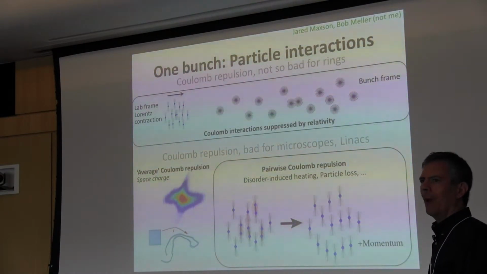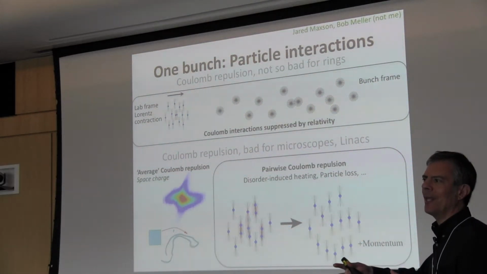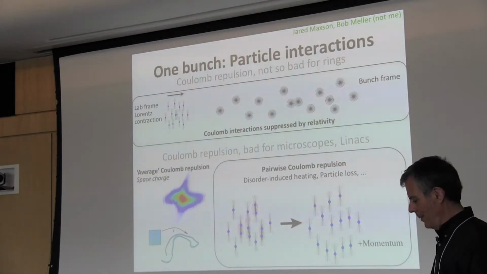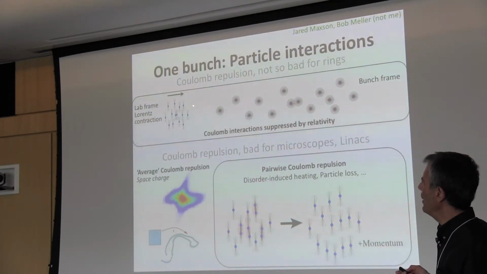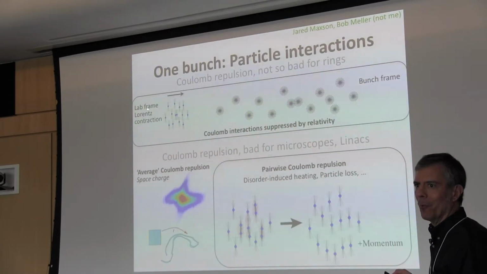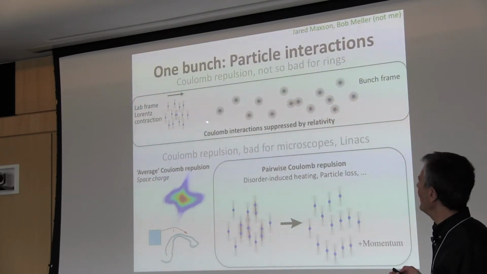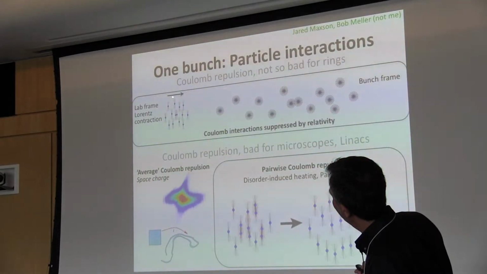Why can you go around billions of times without Coulomb repulsion getting worse and worse? Well, partly it's the damping and stuff, but a large part of it is that as you accelerate the electrons, they hardly interact anymore. For example, here are electrons in the lab frame.